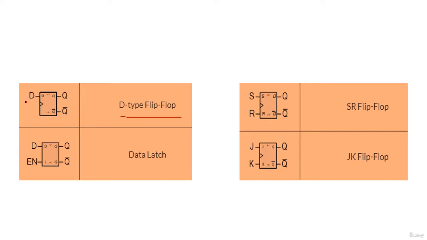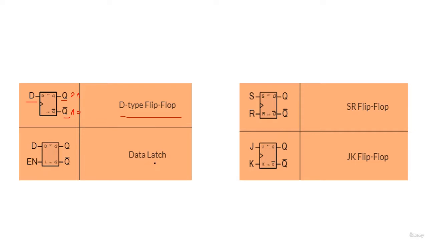As you see, the input is D, and we have two outputs, Q and Q bar. If Q is 0, Q bar will become 1. If Q is 1, Q bar will become 0. So D, Q, and Q bar are the input and outputs for the D-type flip-flop.